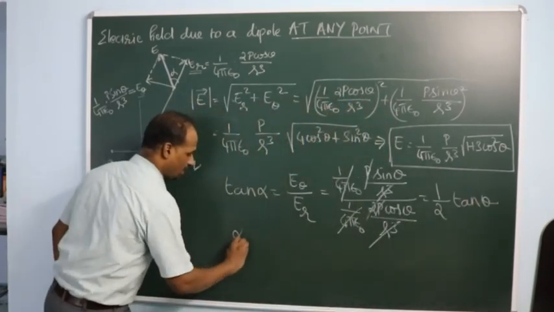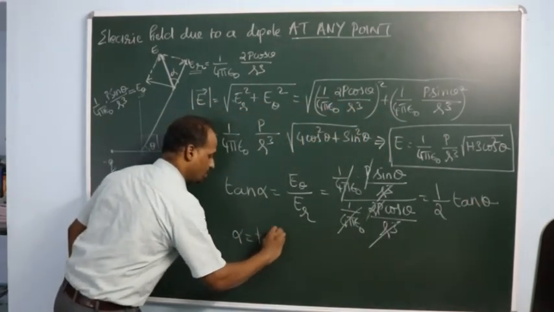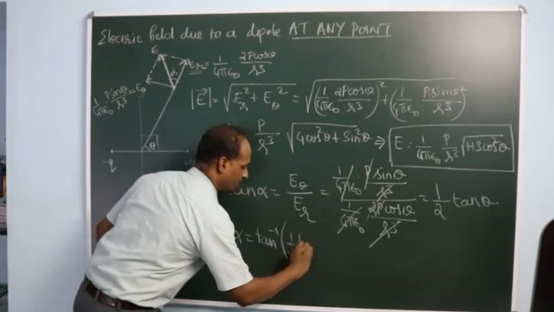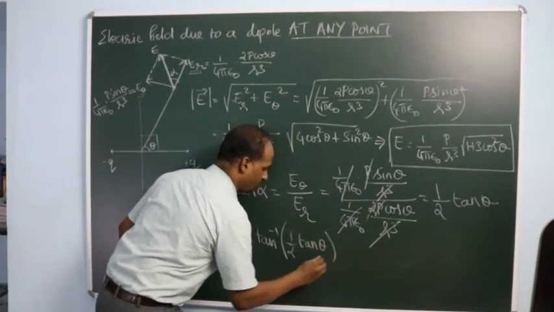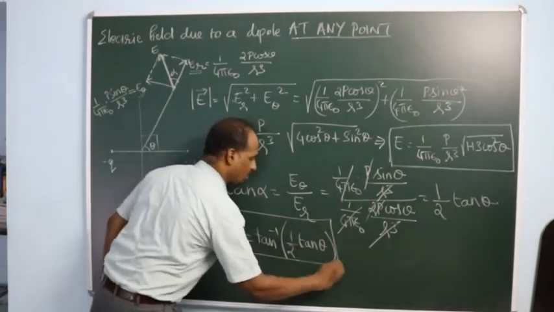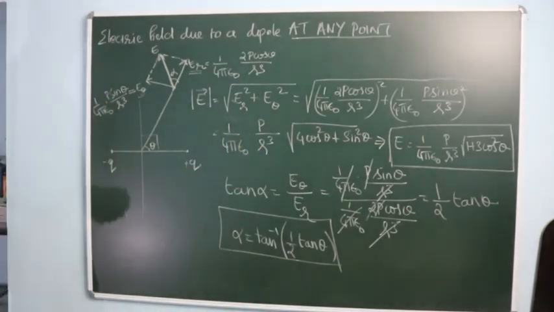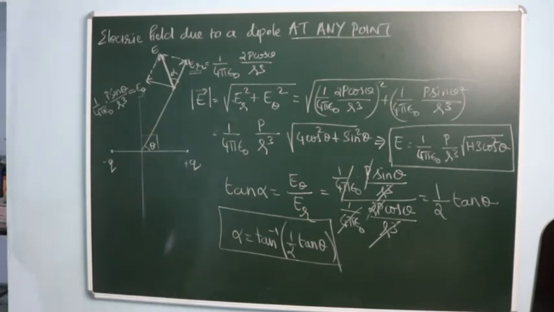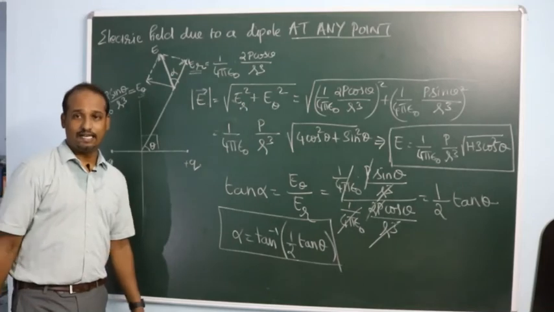So alpha is tan inverse of half tan theta. If theta is the angle of the position vector with respect to the electric dipole moment, then the direction of the resultant vector with respect to the radial vector, alpha, is tan inverse of half tan theta.